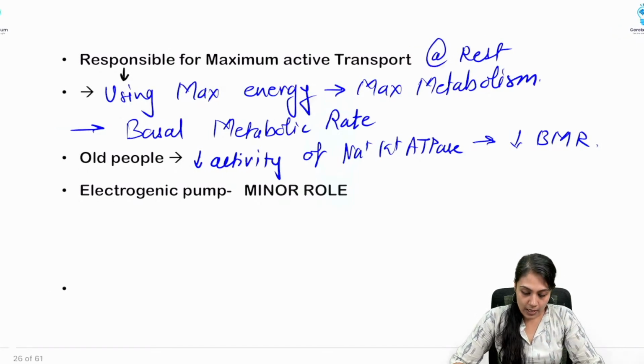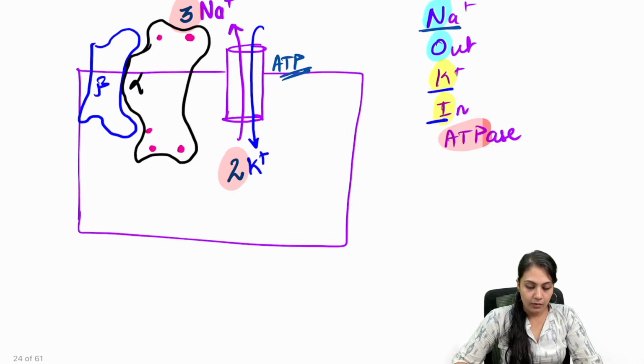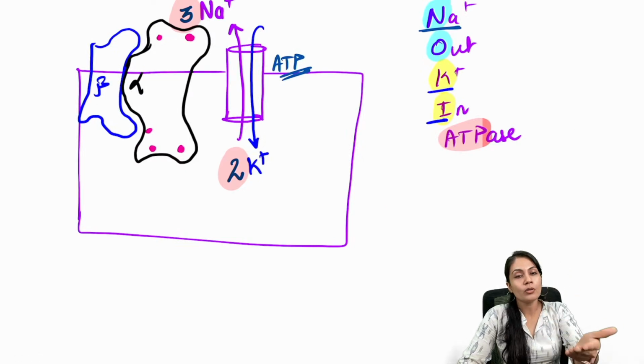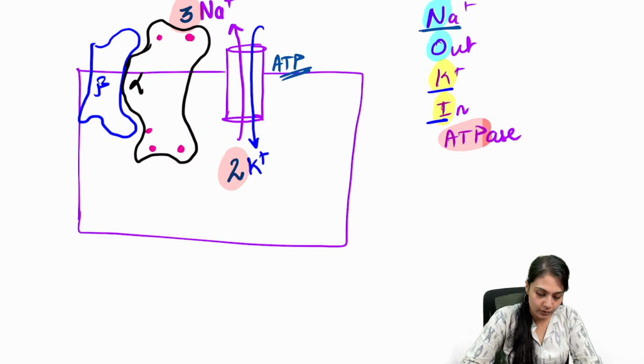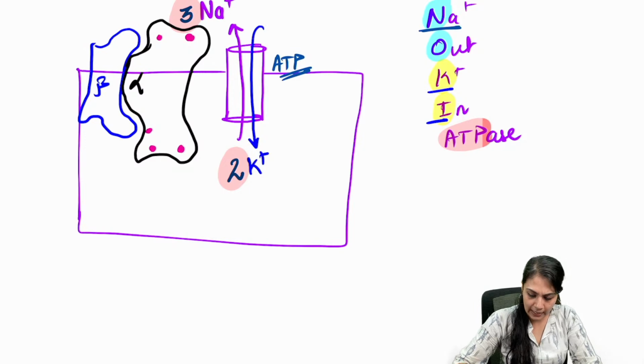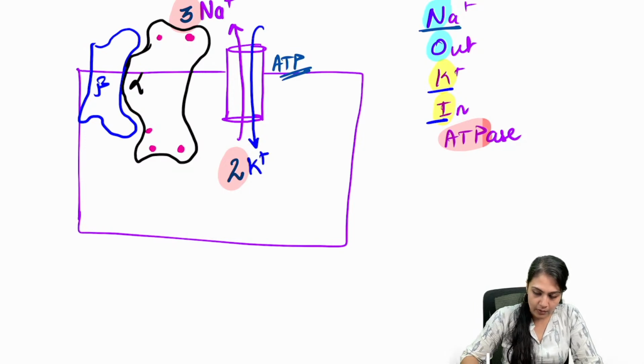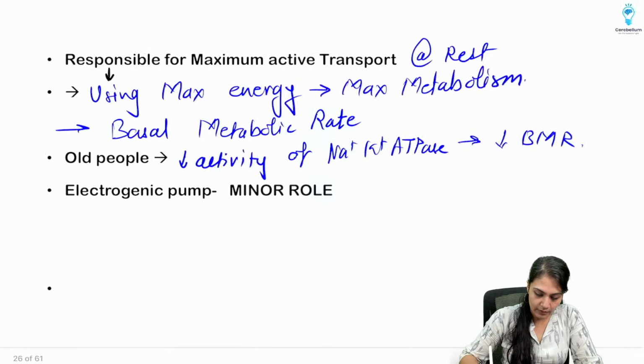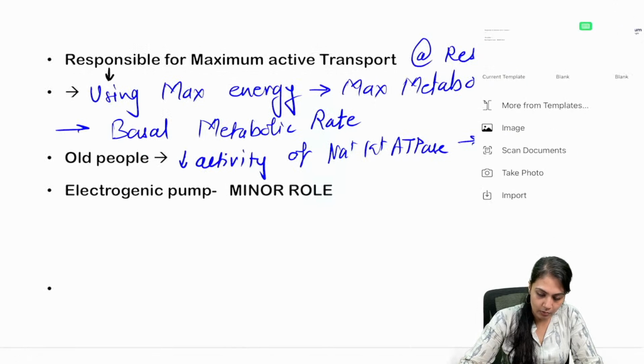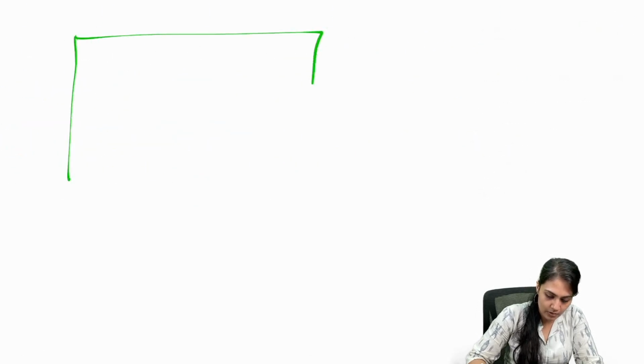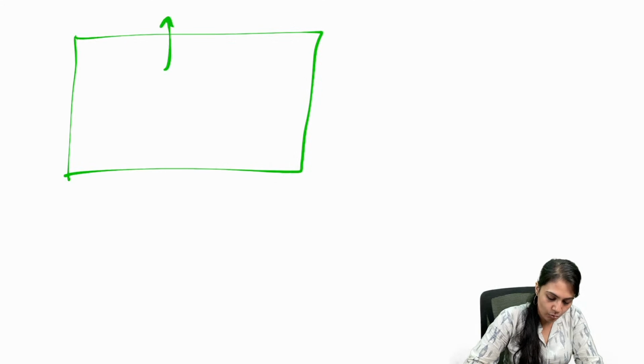Now, see over here, in the diagram itself, we said that 3 sodium out, 2 potassium in. Now, if I have to calculate the potential over here, I can calculate in a simple format, inside the cell and outside. If I draw on another side, suppose this is the cell, it is throwing out 3 sodium and taking in 2 potassium.